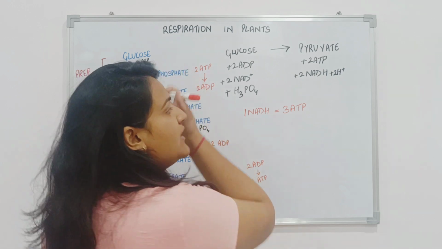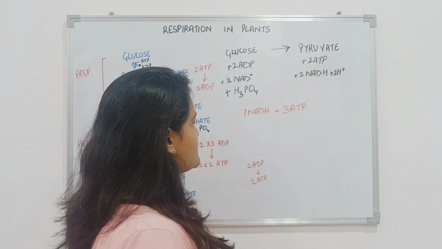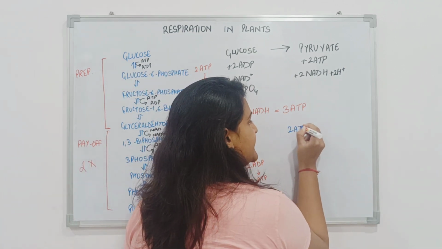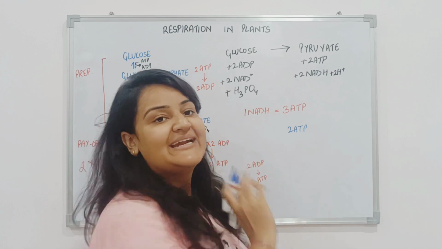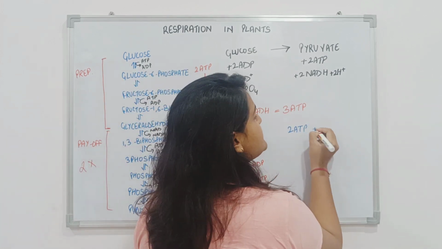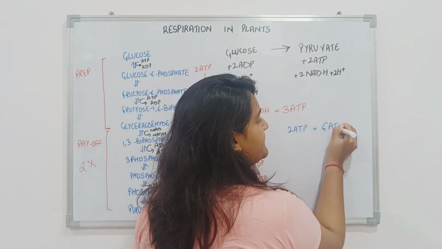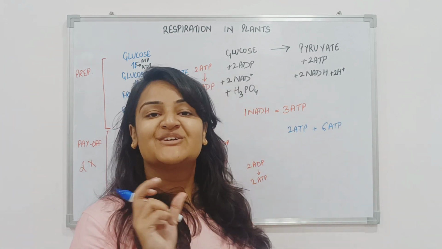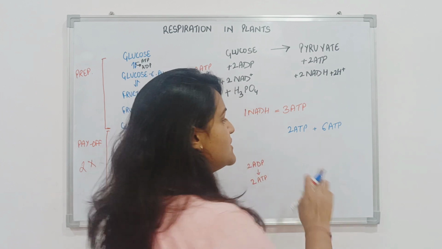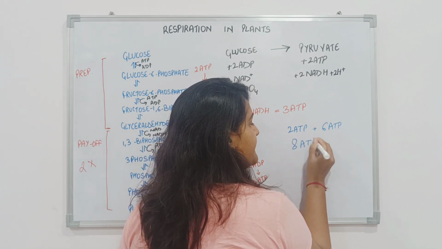Okay. Now 2 ATP molecules have already been formed here. So 2 ATP already there. 2 NADH, 2 into 3 ATP. That means what? 2 into 3 is 6, 6 ATP. Right? So what is the total production of energy? Energy is ATP. So it is 2 plus 6, 8 ATP.